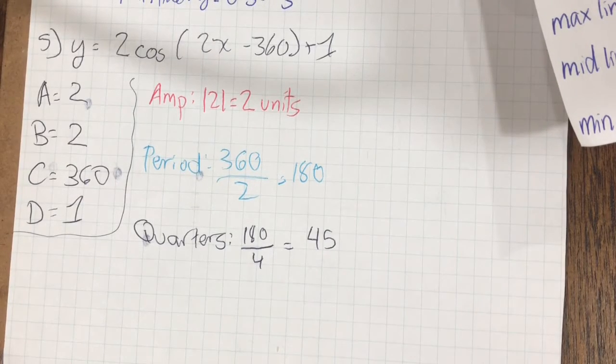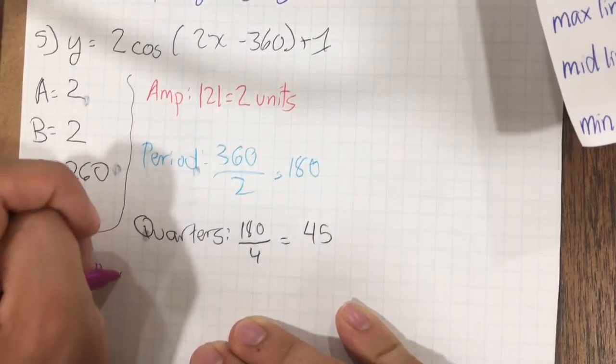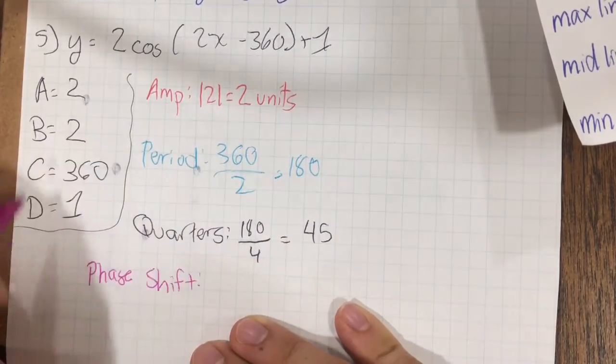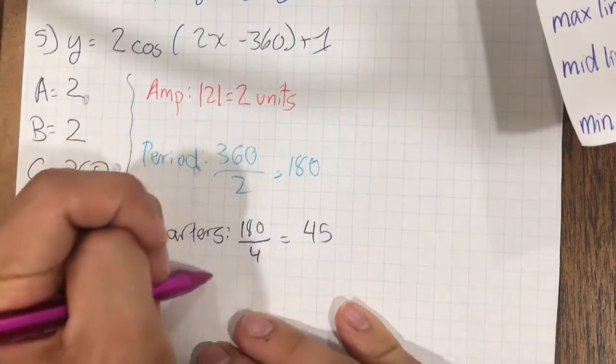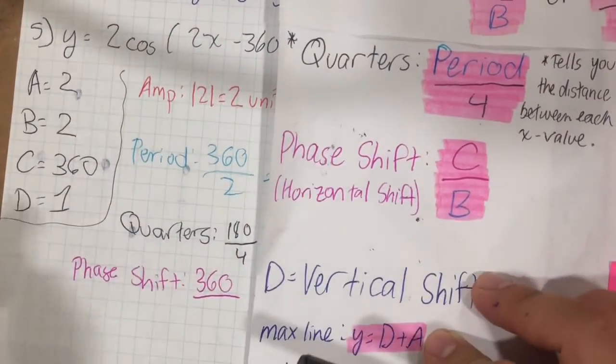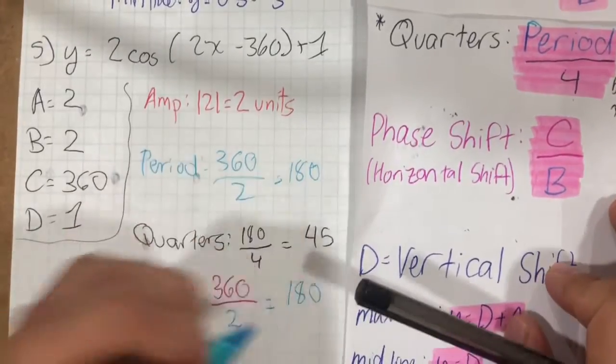Now we actually do have a number for C, so we have a phase shift. For the phase shift, we have my number for C, which is 360, divided by my number for B, which is 2. So 360 divided by 2 is 180.